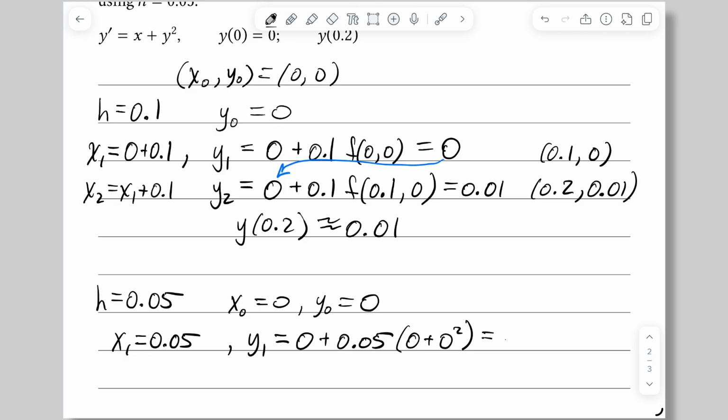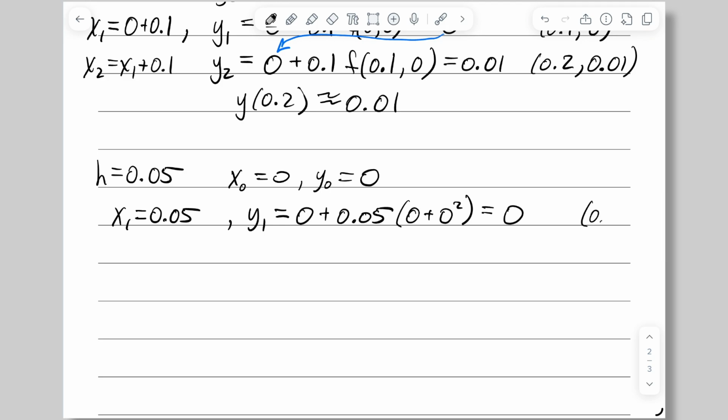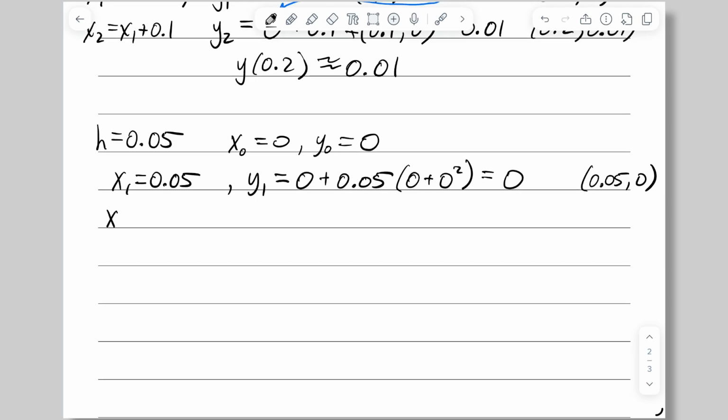And we see that y1 is equal to 0. That associates with the point 0.05 comma 0, and it looks like it's not very exciting still. Sit tight. x2 is 1/10, one step size away from x1. y2 is the previous y value of 0 plus the step size times x plus y squared, so times 0.05 plus 0 squared.